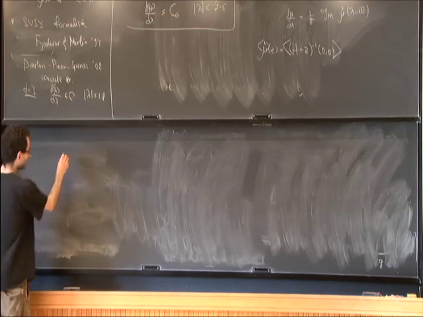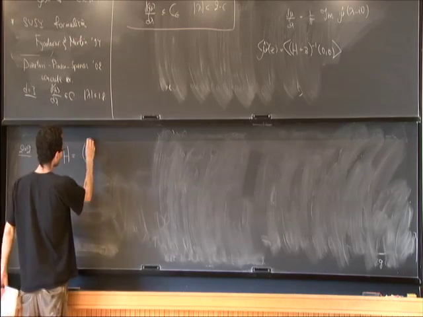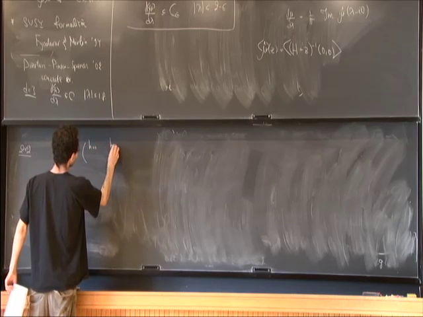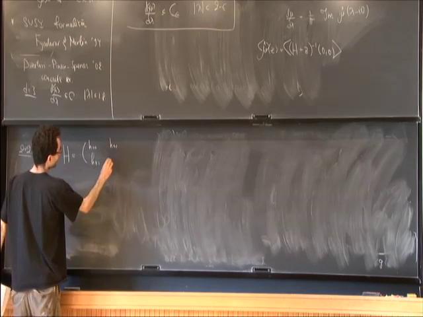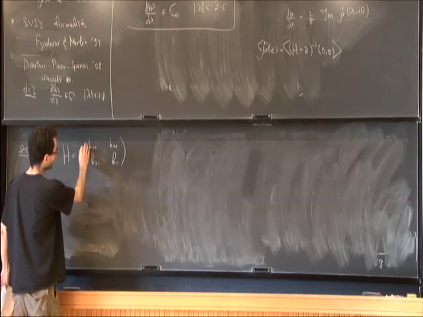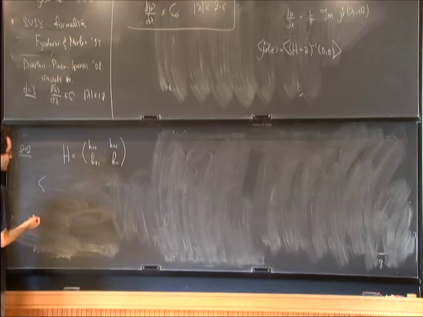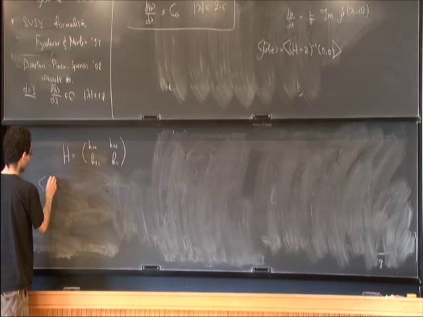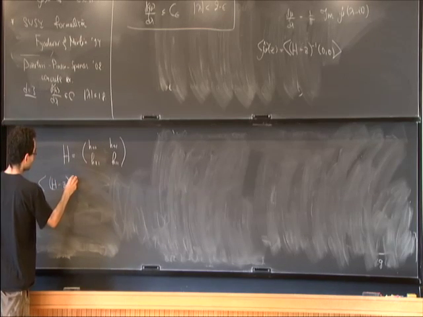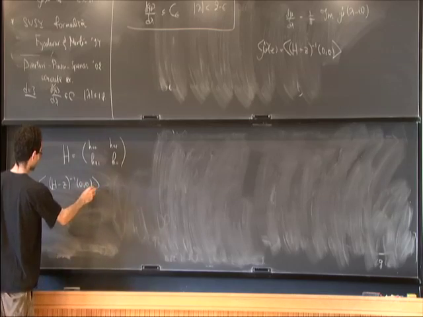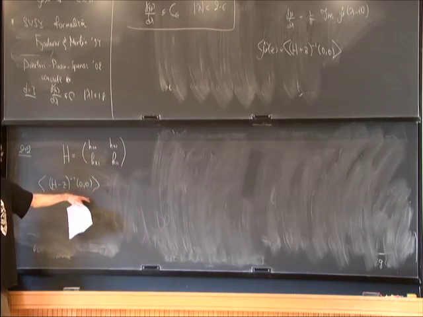So let's say you have a 2 by 2 matrix H with the entries H0,0, H0,1, H0,1, and H1,1. And let's say these entries are random and independent, and we want to compute the expectation, the mean value of (H minus z) inverse 0,0. Of course you can write an explicit expression for this.